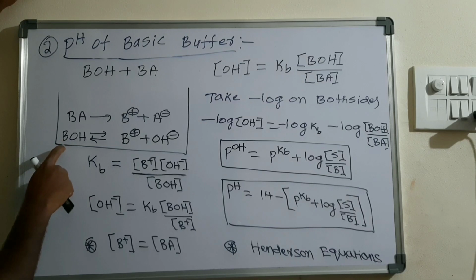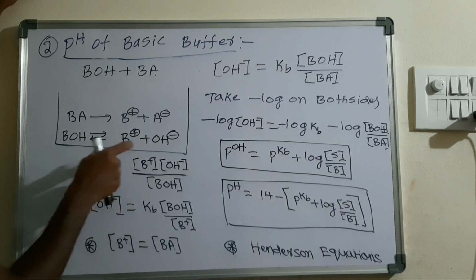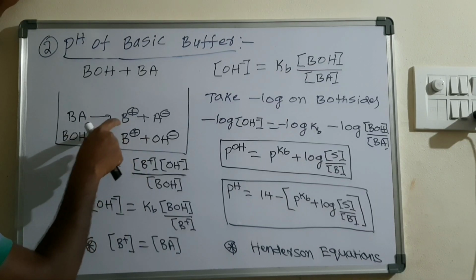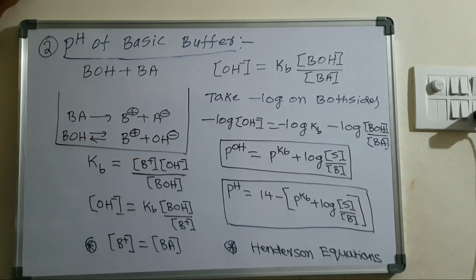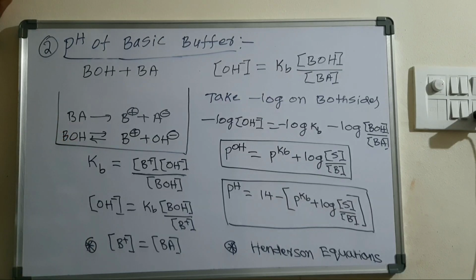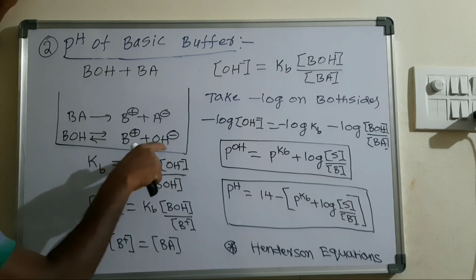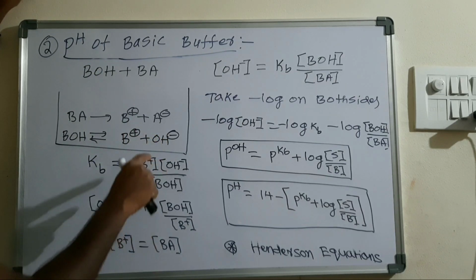This BOH is a weak base, so it undergoes a limited extent of ionization and forms an ionic equilibrium, B plus and OH minus, and BA gives B plus and A minus. Again the common ion effect is there. This common ion effect suppresses the dissociation of BOH, and for the pH calculation the H plus or OH minus ion concentration is required.